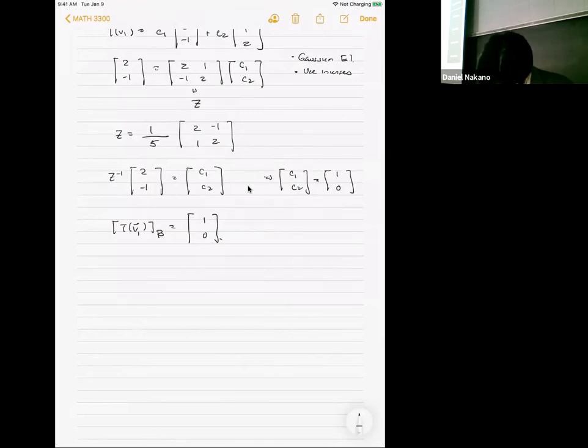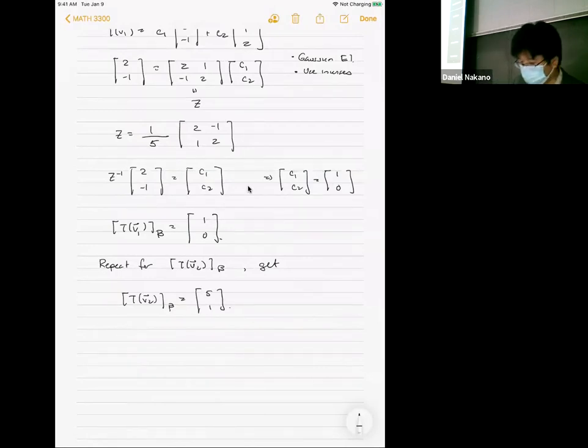Repeat for the coordinate of T of V2, and what you eventually get is (5, 1). So the coordinate is (5, 1).